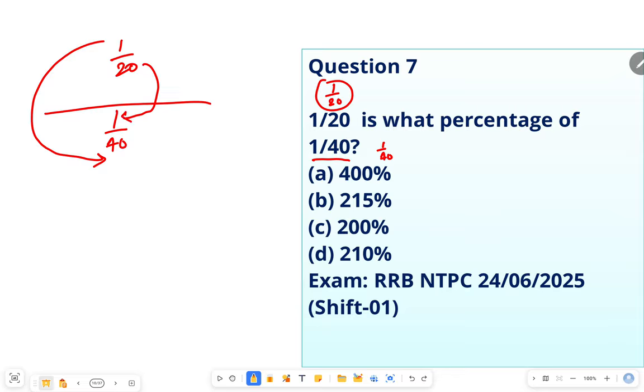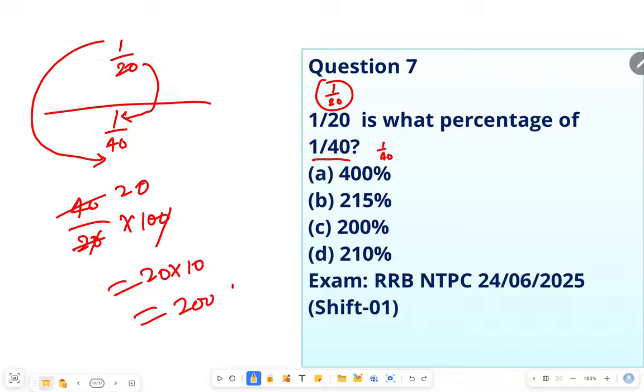So we can write like this: 40 upon 20 multiplied by 100, how much will it give? 20 into 10 to 100%, and this is the answer, right?